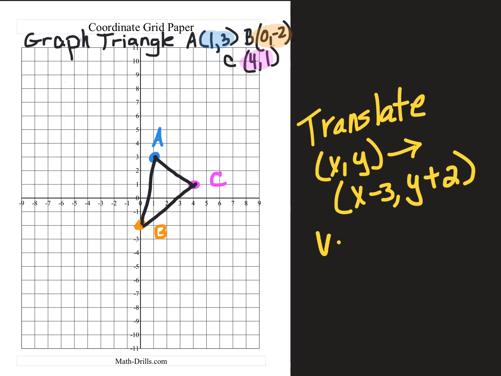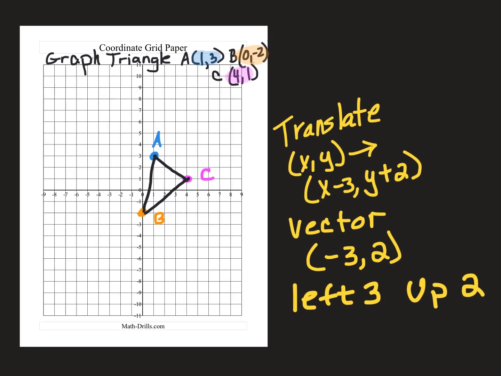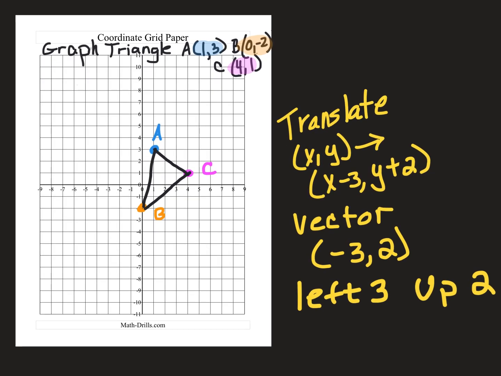Another way that we might say it is according to the vector -3, 2. Or my third way that I might say it is left 3, up 2. These are 3 different ways of saying exactly the same thing. So your translation is going to look the same, even though I'm telling you to do it 3 different ways. So translate that for me, please.